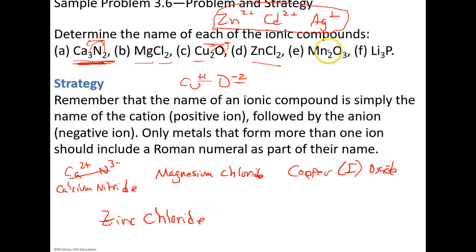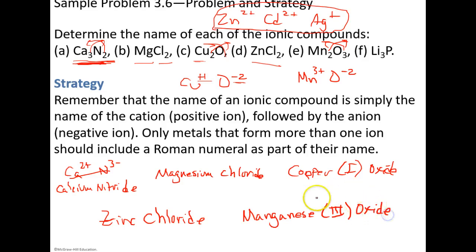All right, manganese and oxygen. 2, 3. Let me make sure the oxygen is correct, and I can already tell you it is -2. So this is as simple as calling it manganese 3 oxide. And then finally, the last one is called lithium phosphide.